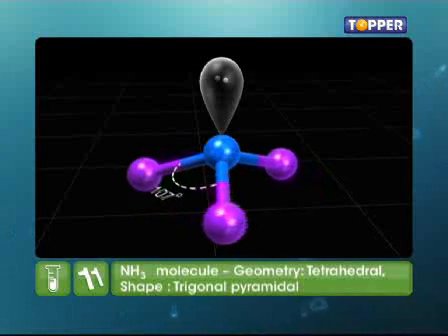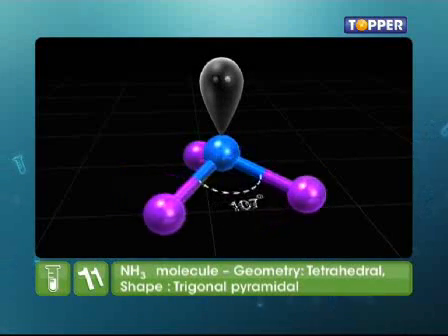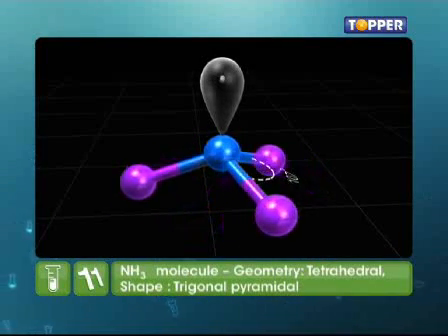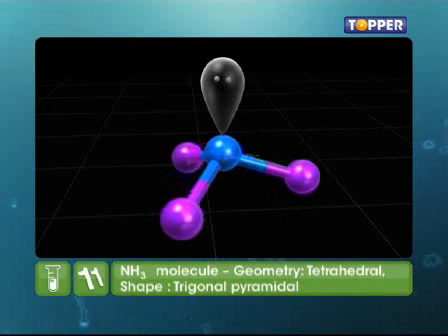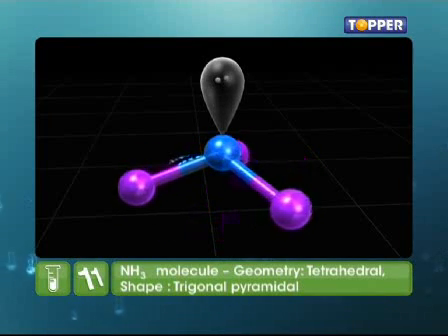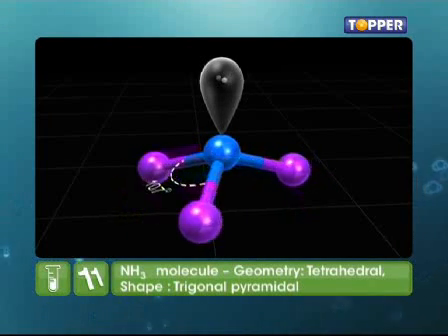But unlike methane, it has one pair of non-bonding electrons, which is why its bond angle is lesser by 2.5 degrees. Next we come to water. Water, which is an excellent solvent for ions and other polar molecules, is one of the few substances that decreases in density when it freezes.